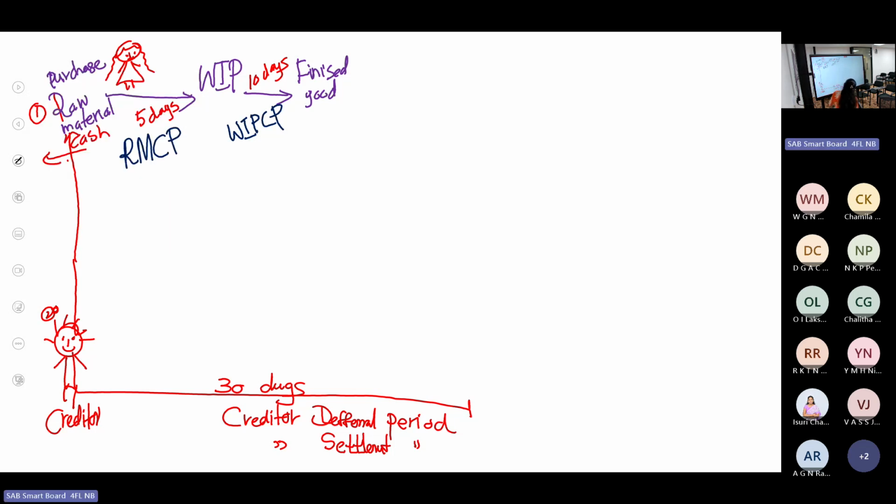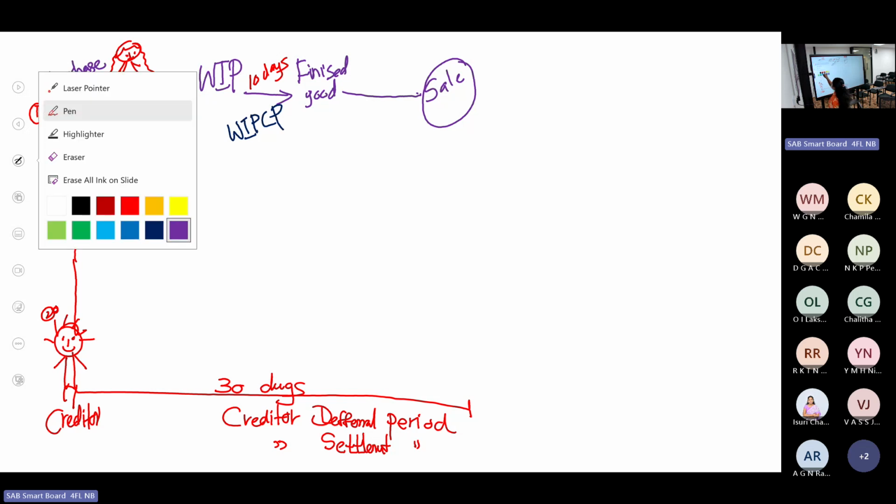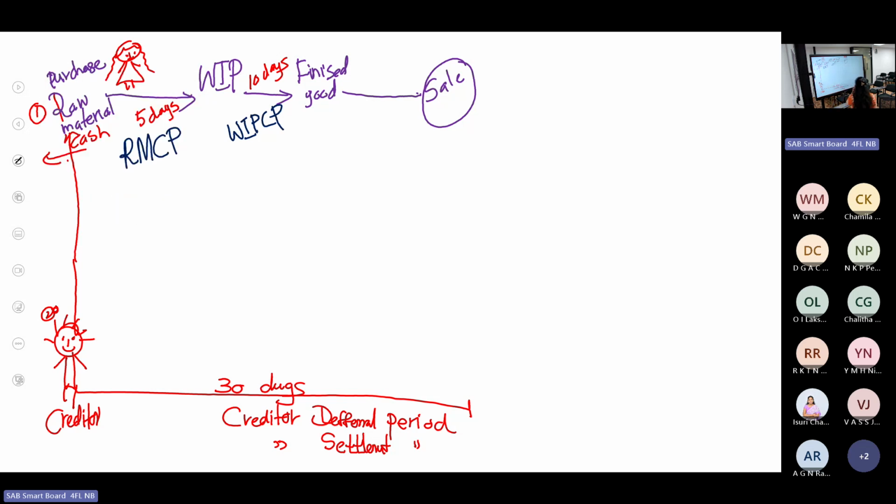Now we have finished goods. Sumudu's finished goods need to be converted for which one? For the sales. How many days are we taking to convert to sales? Again, another 10 days.